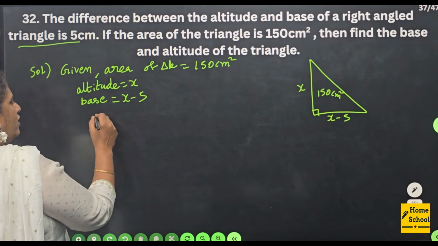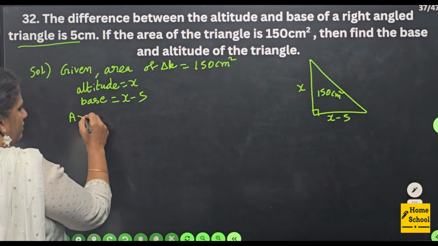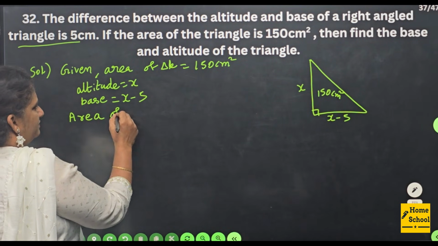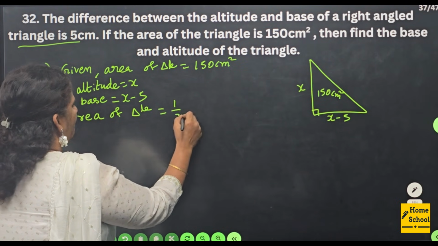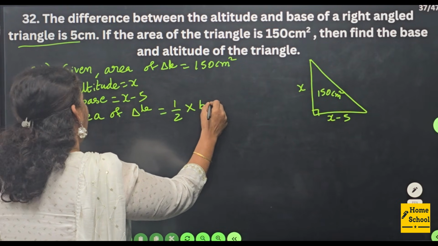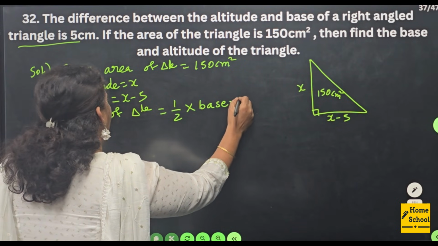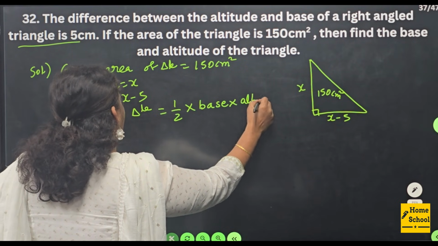Now next, area of a triangle. In a right triangle, area of triangle formula is half into base into height. Height here I am writing as altitude.